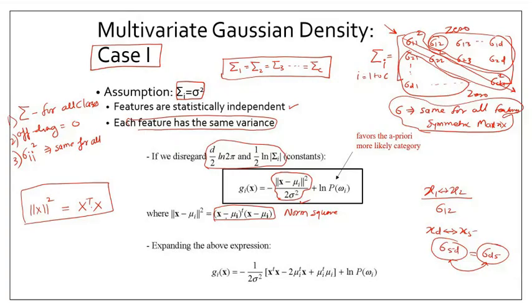Now when I write here x minus mu i, this is a vector, its transpose, and the same vector, they are multiplied, so it is called the norm of the difference of x and mu i, squared. Okay, so this is a shorthand notation for this particular quantity.